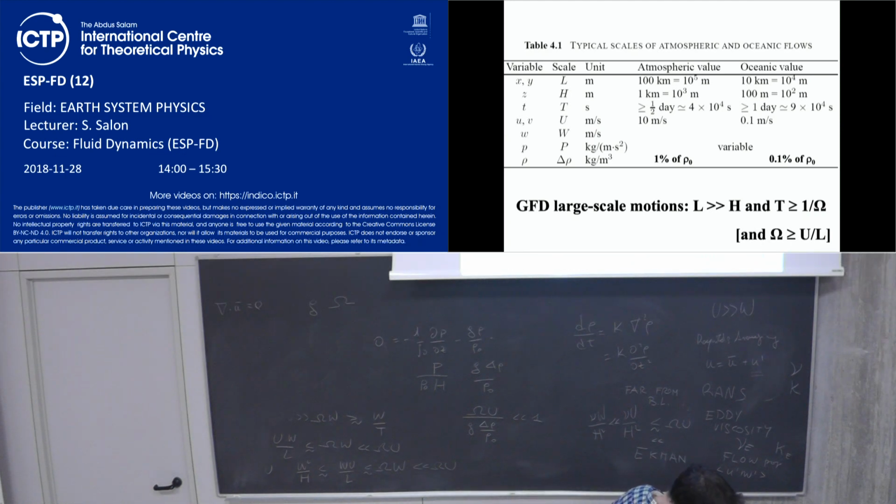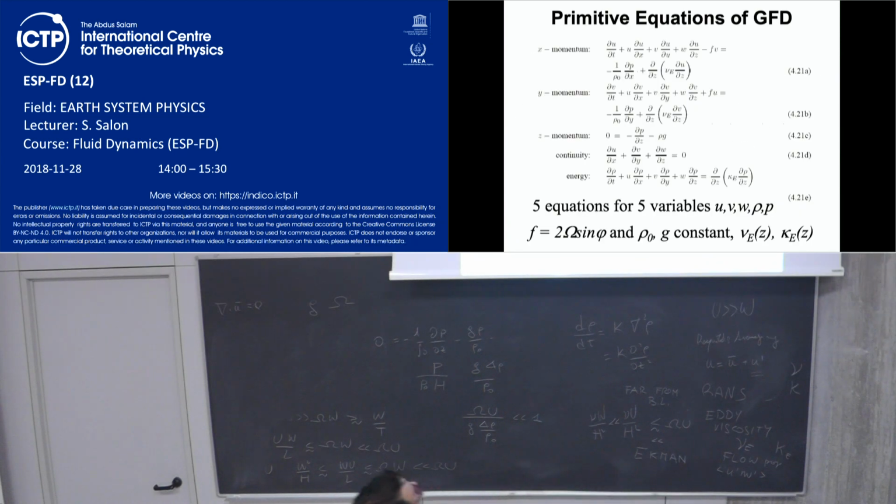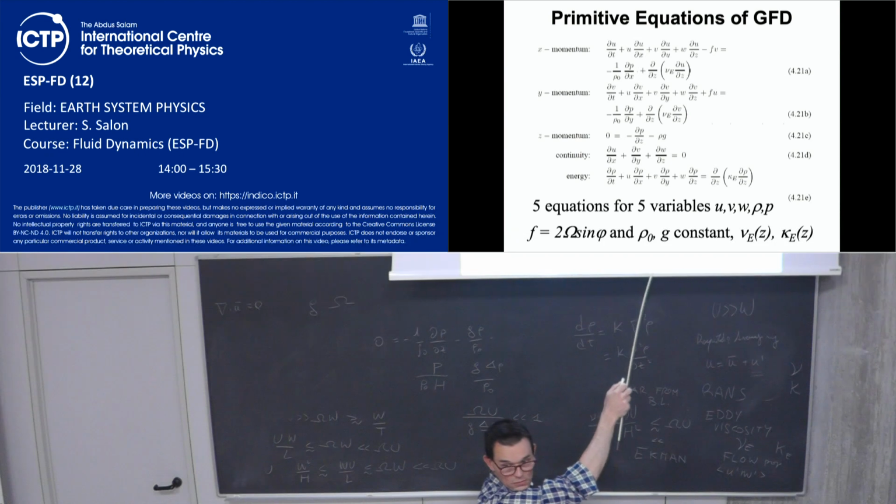Okay, so yes, we can finalize our effort with what we call the primitive equations of GFD, which actually are the equations that you can find in the numerical models. So X momentum, Y momentum, Z momentum, where simply rho zero was neglected, continuity and energy, okay? In this particular case, you can also add here the horizontal diffusion, okay?